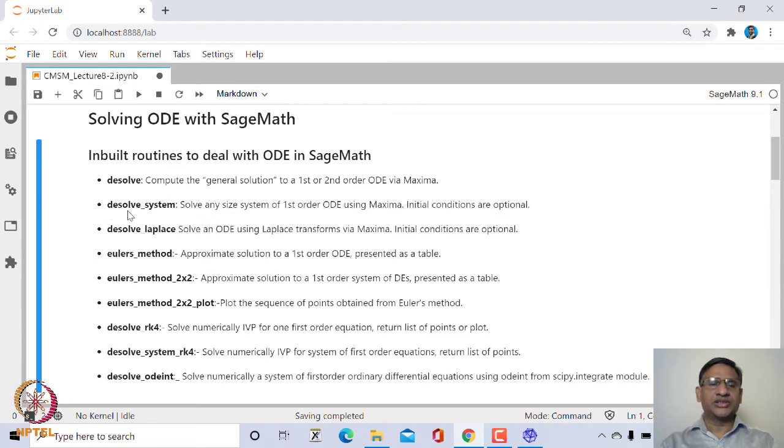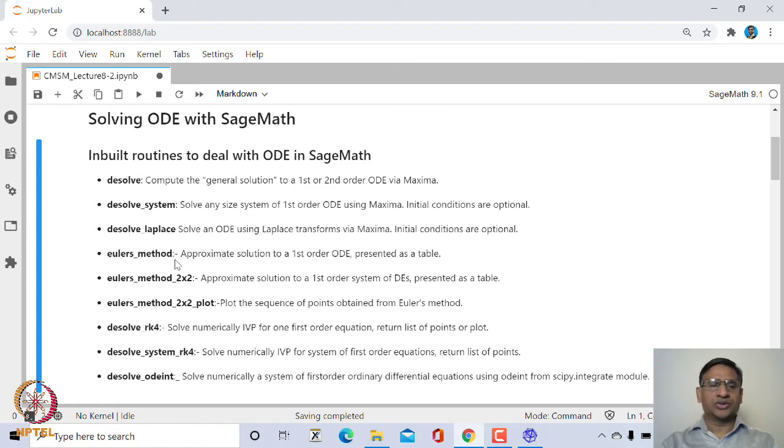It also has desolve_system. We already made use of this when we looked at the application of eigenvalues and eigenvectors to solve systems of ordinary linear differential equations. Then you have desolve_laplace. It solves initial value problems using Laplace transforms.